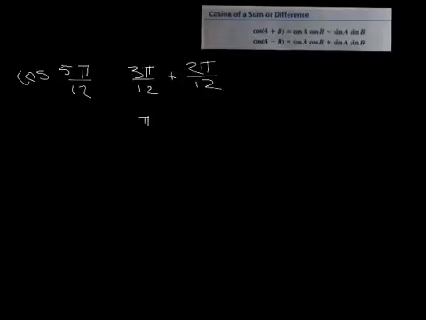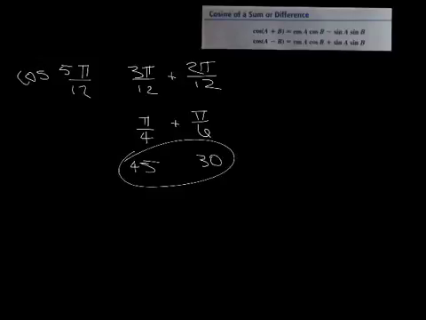And this would be pi over 4 plus pi over 6. And the reason I did that is this is a 30-degree angle and this is a 45-degree angle. So it gives me a chance to quickly and easily, since I know 45s and 30s, be able to come up with the answer pretty easy.